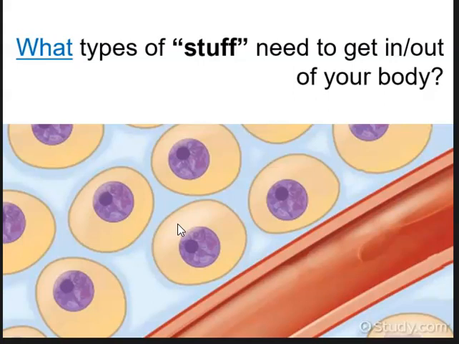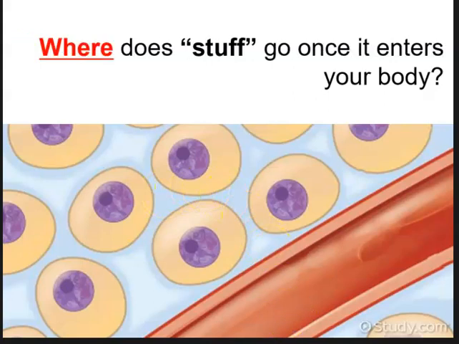All these molecules are needed to be transported in and out of the body. So where does the stuff go once it enters your body? For example, if we eat salty foods or drink Gatorade that has a lot of electrolytes, usually this stuff will enter the cell, or it will go to tissues within the body that need these molecules.